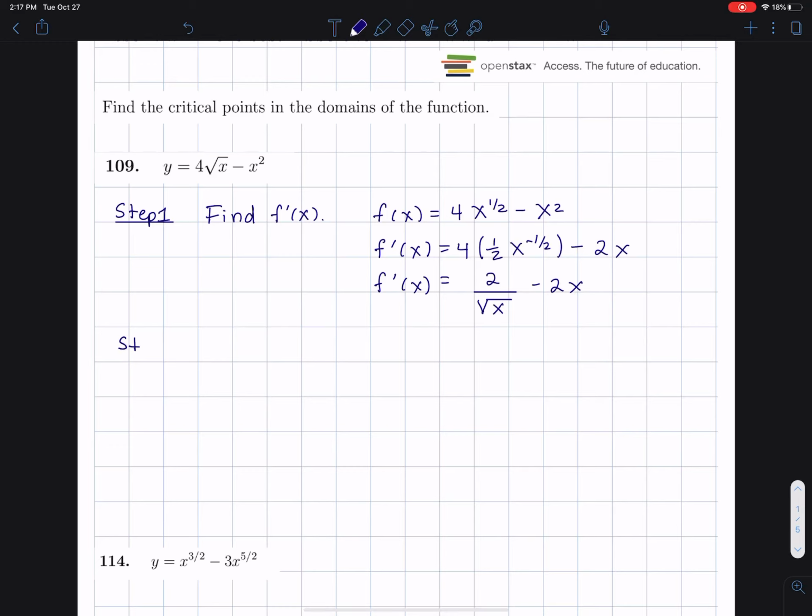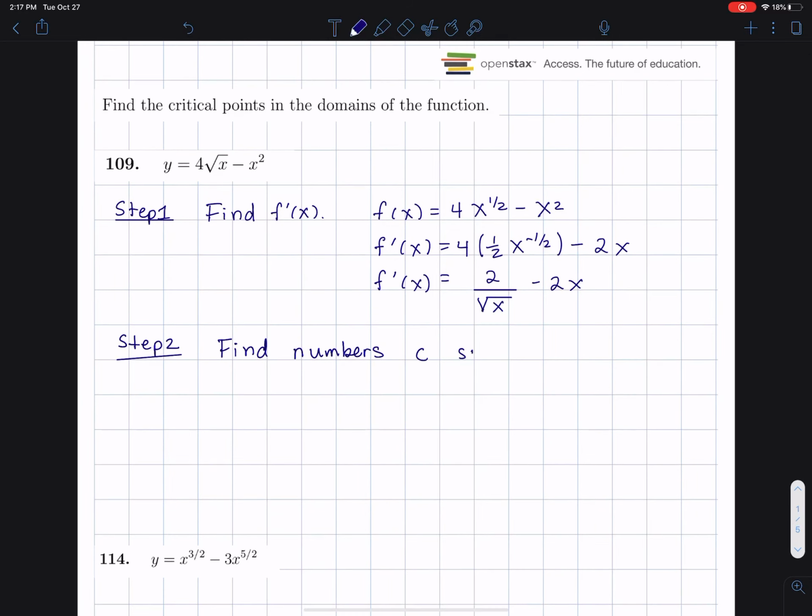That's hard to take in if I just say it, but find numbers c such that f prime of c is undefined.